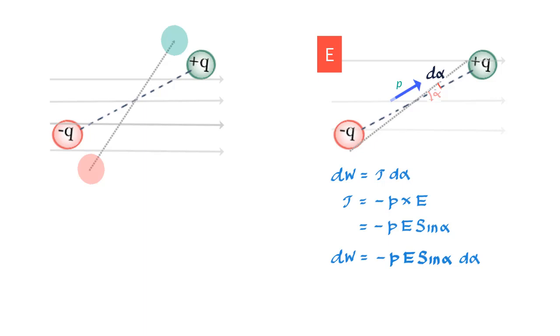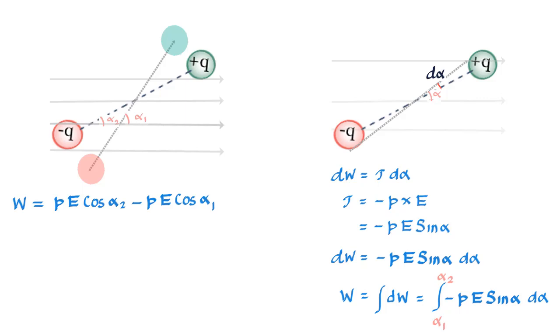Now we can use integral calculus to find total work done between alpha 1 and alpha 2. So we can write total work done W is equal to integral of dW, that equals integral from alpha 1 to alpha 2 of minus PE sine alpha d alpha, and if you integrate it, what you get is PE cos alpha 2 minus PE cos alpha 1.